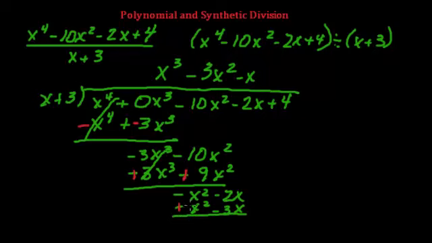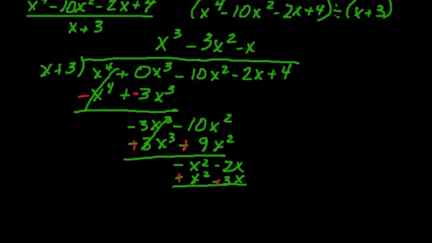So change each of these signs. This term drops. So I'll subtract here. This is a plus 3x minus 2x. That'll just be x. And then pull down my next term, plus 4. x goes into x one time, so it'll be plus 1.